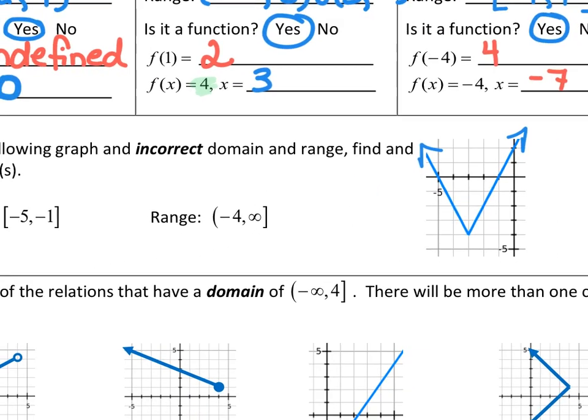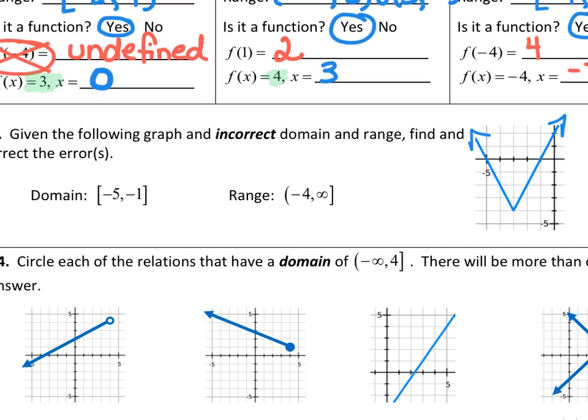And whoever wrote this domain didn't make the graph keep going, and so they incorrectly wrote that the graph stops on the x-axis. So it should be from negative infinity to positive infinity. Remember that we call that all real numbers. For the range, the numbers are correct.